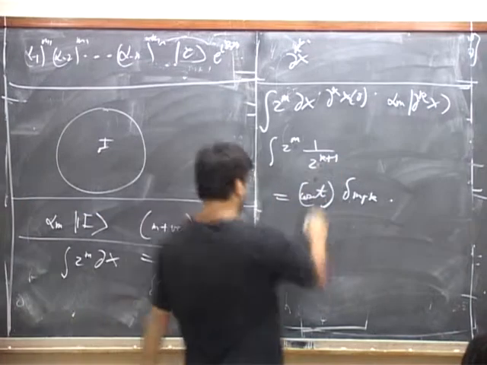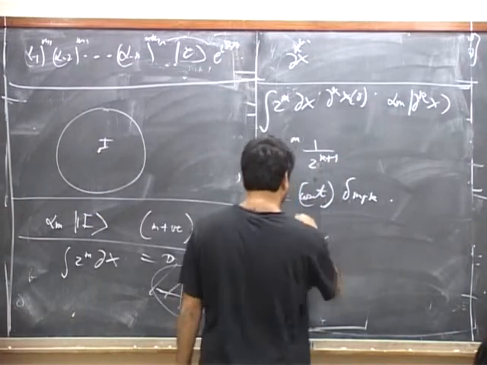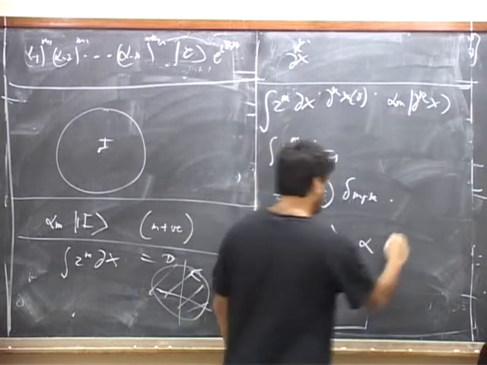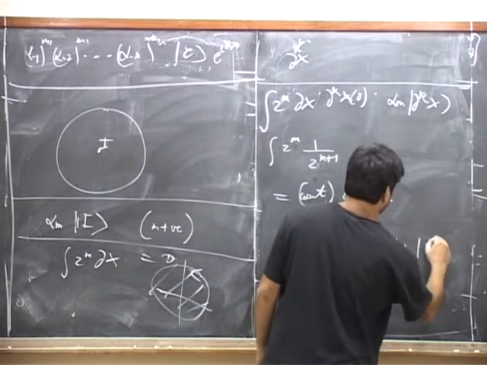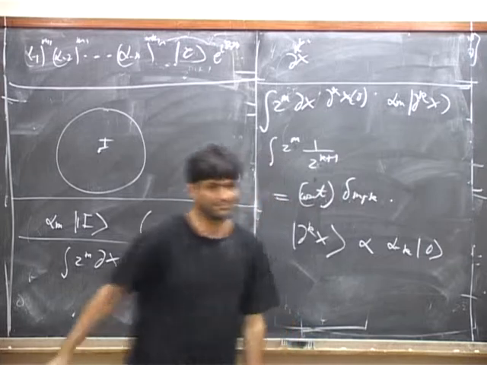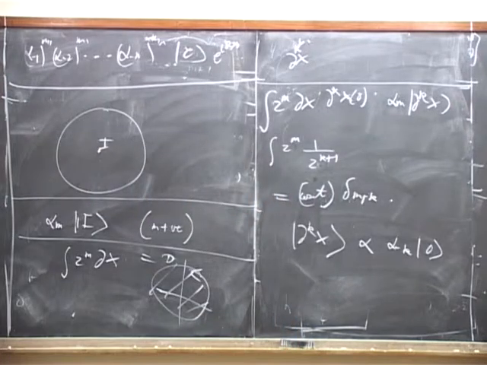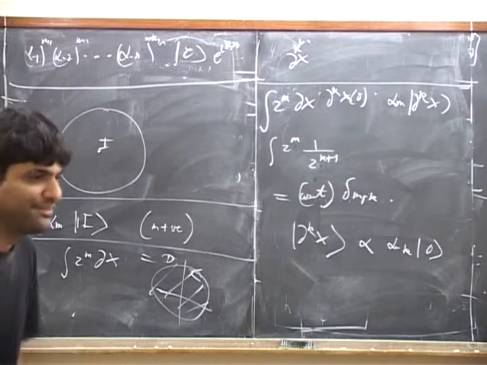Therefore, this state must be proportional to alpha minus k. It's the only state that has this property. That is annihilated by all annihilation operators except the kth one, and the action of the kth annihilation operator gives you identity, the vacuum.